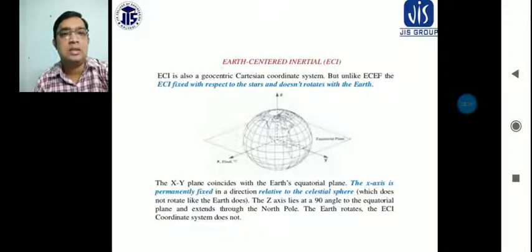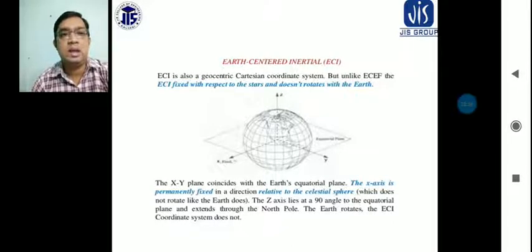The XY plane coincides with the earth's equatorial plane, and the x-axis is permanently fixed in a direction relative to the celestial sphere, which does not rotate like the earth does.